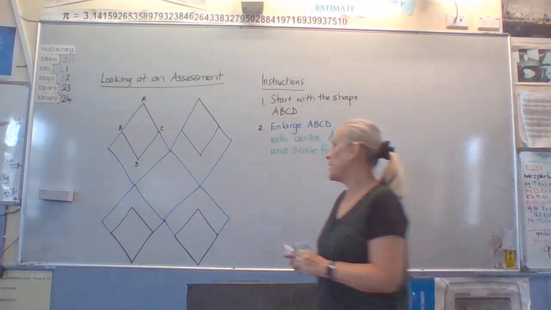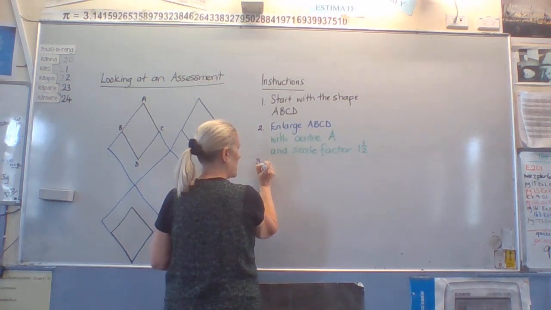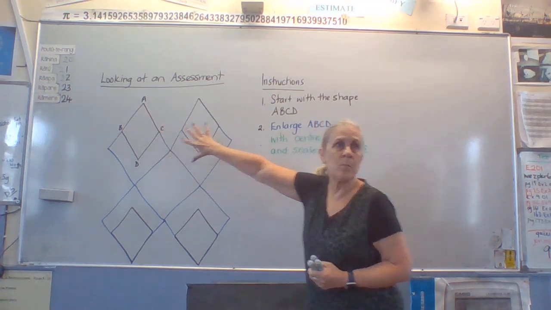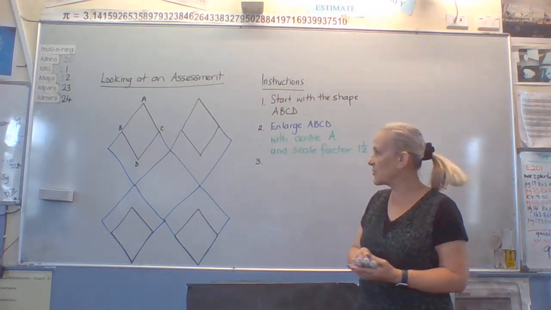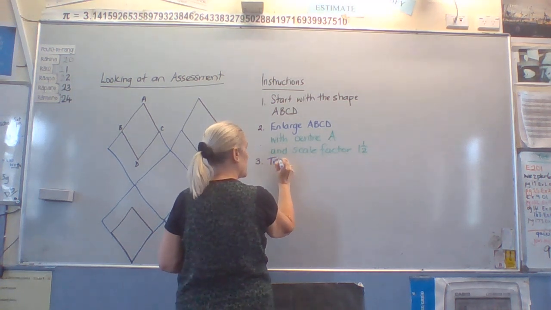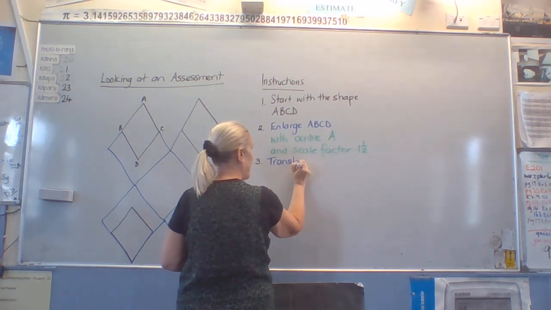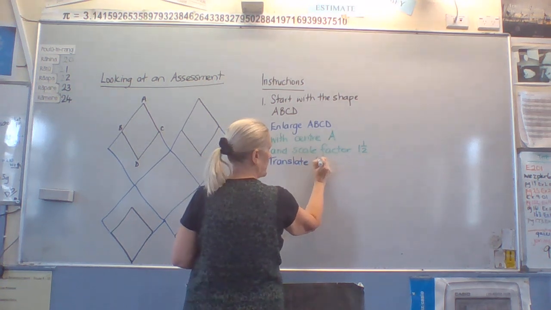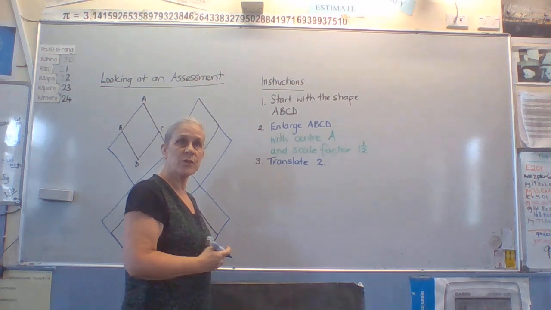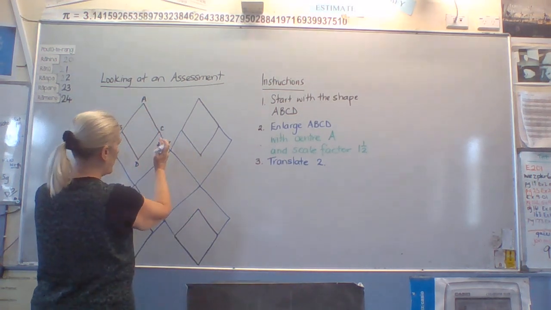Next, what did I do? I grabbed that and I moved it this side. All right, so I translated. I'm going to call that 2 so that I know that I'm translating the whole lot. Right, so I'm going to pick it up and I'm going to move it this way.